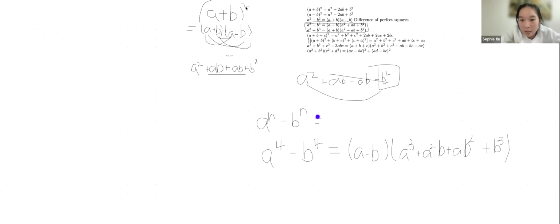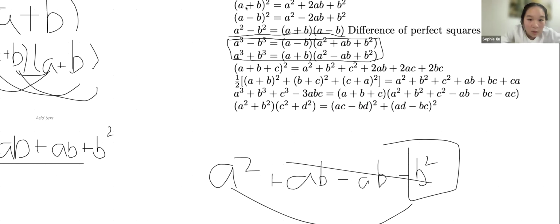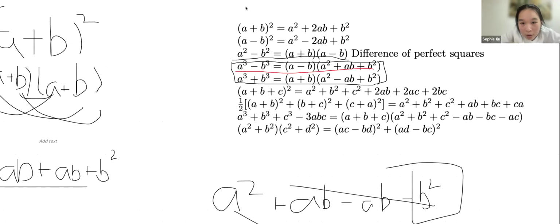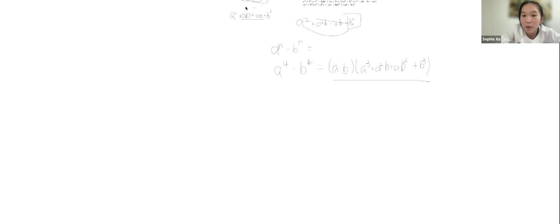Look at this one, and let me change the color of my pen. Look at this one and this one, and see if you can spot any similarities, then try to generalize a formula for a to the power of n minus b to the power of n.